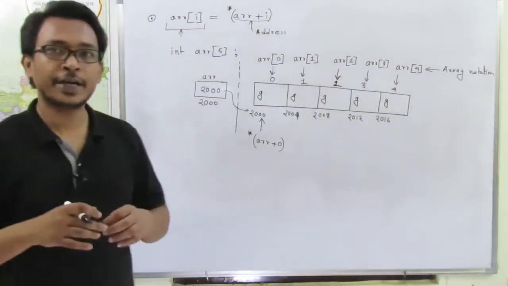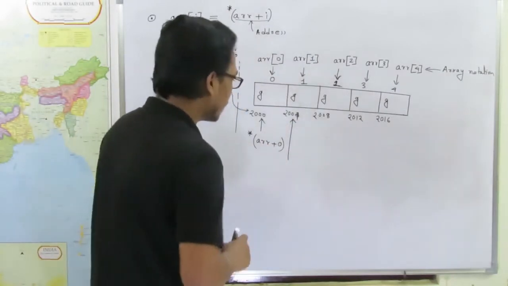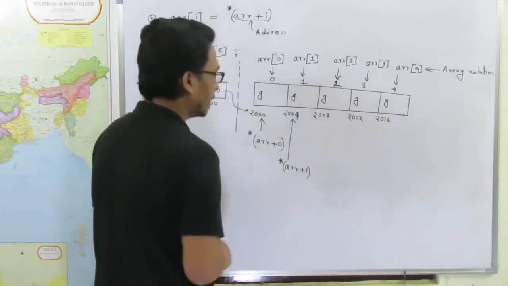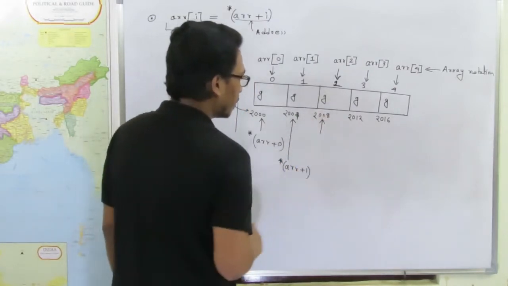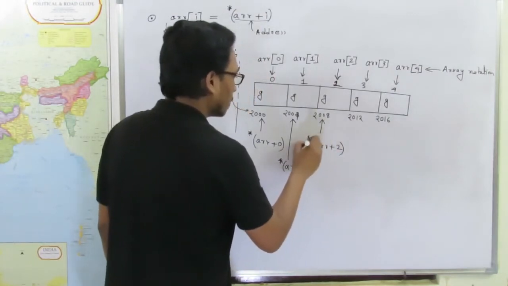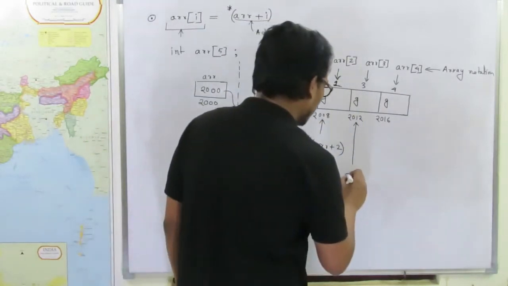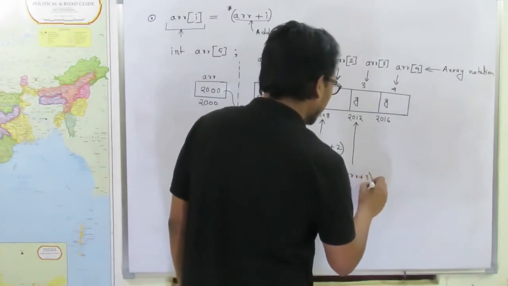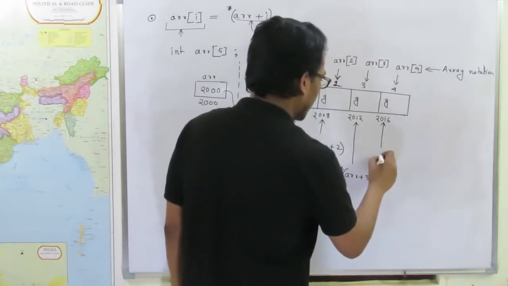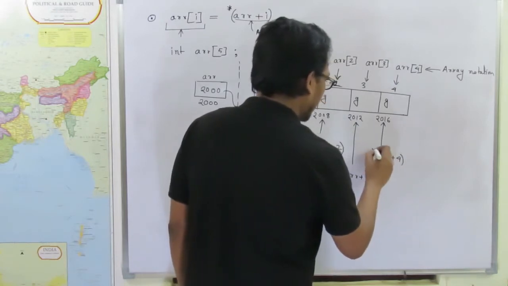Now coming to the pointer notation of each element. For the second element, the notation will be *(ARR + 1), with the indirection operator. For the third element, the pointer notation will be *(ARR + 2). For the fourth element, the notation will be *(ARR + 3). For the fifth element, the pointer notation will be *(ARR + 4).